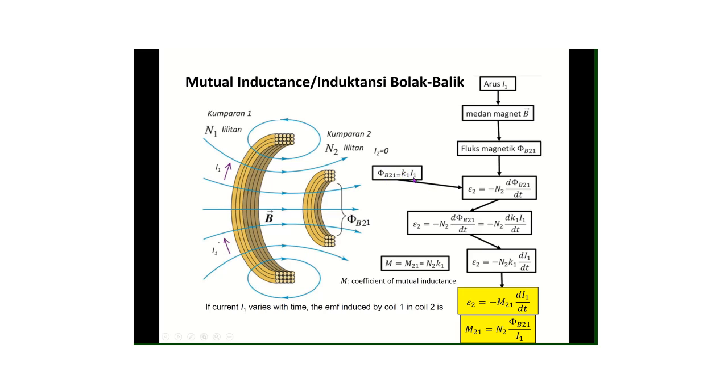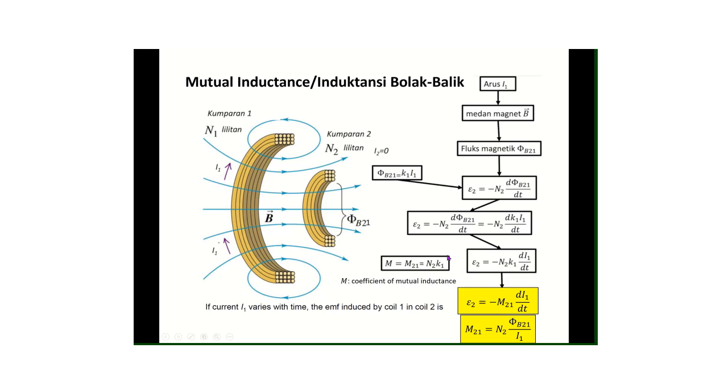If we substitute the flux with K times I, the induced EMF in coil 2 is equal to minus N2 d K1 I1 over dt. We can remove K1 from the differentiation because it is constant, so epsilon 2 is equal to minus N2 K1 dI1 over dt.